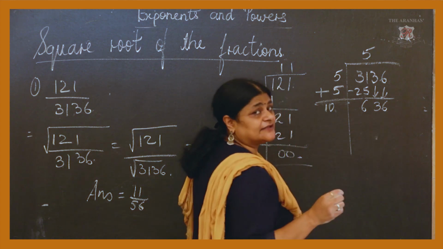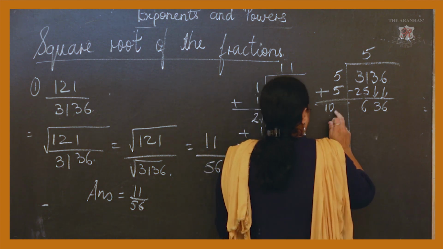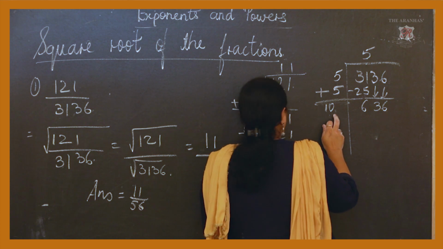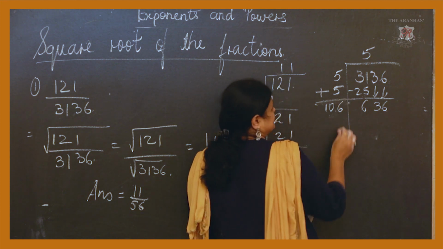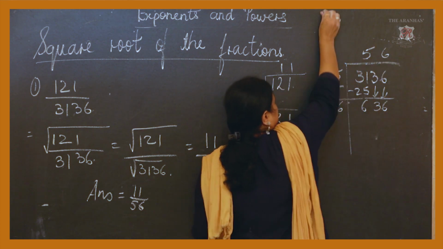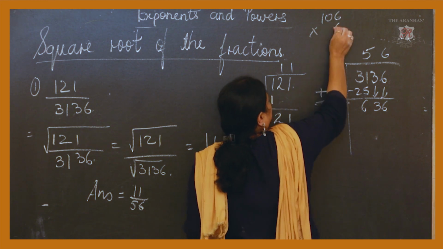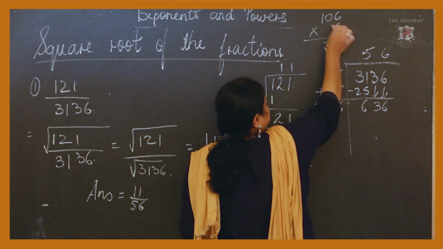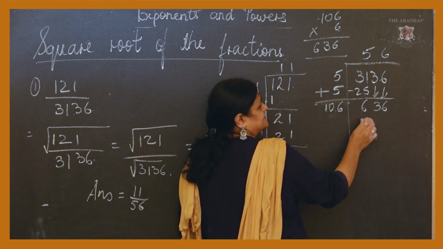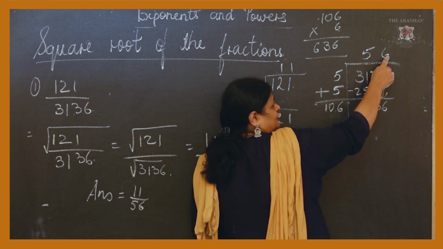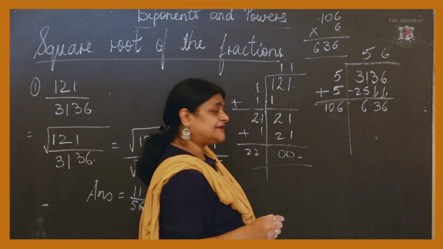That will be 636. So now the number which you will be taking over here will be 6. 106 into 6. 6 6s are 36, 6 1s are 6. So 636. So 106 into 6 will give you 636.